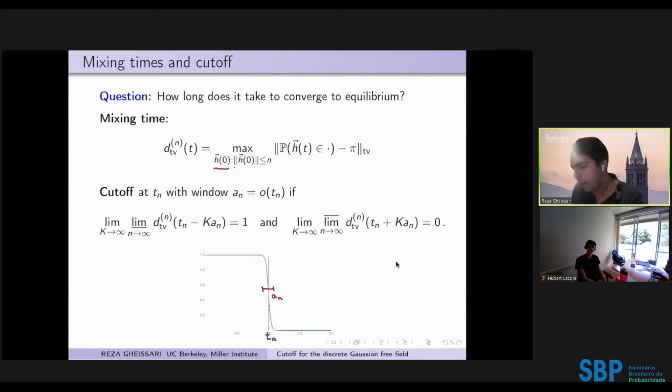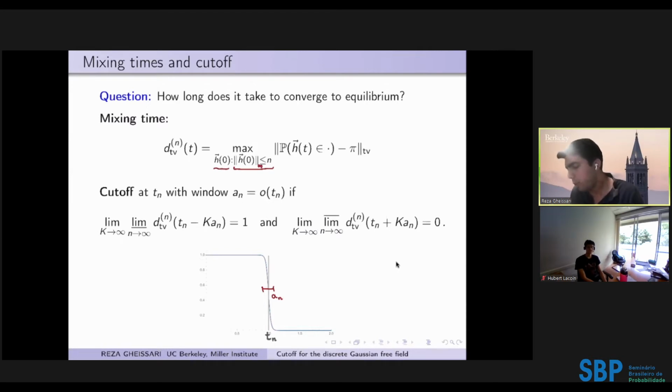I'm going to add the constraint that the initial conditions have maximum value less than n, because if we let the initial conditions be as high as we want, then the mixing time can be arbitrarily large if you're very high up. So we need to put some bound on it. This bound of n is in analogy with a lot of the integer valued random surface models I described in the last slide, which can only take a maximum height.